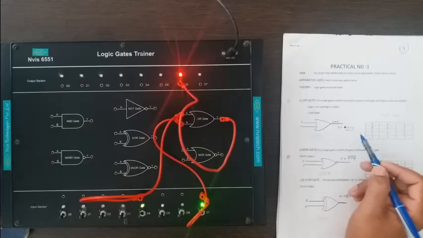The output of a two input XOR gate, you can see here two inputs, one output. This is the symbol of XOR gate, and this is the truth table of XOR gate.